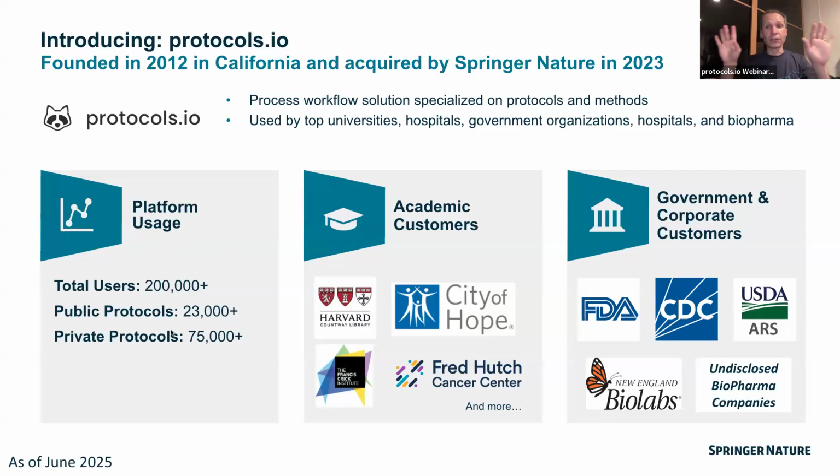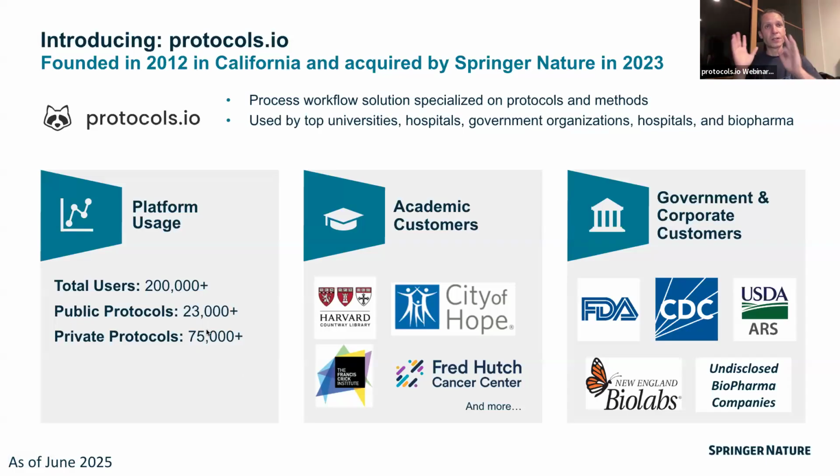And there are two sides to Protocols I/O. There is the public repository that is open access. It is free to read, free to publish, and there's over 23,000 public protocols there that if you find anything that is relevant to your research, you're welcome to reuse and build on. And then there is about 75,000, just over that, private protocols.